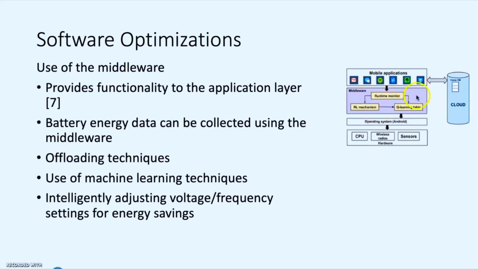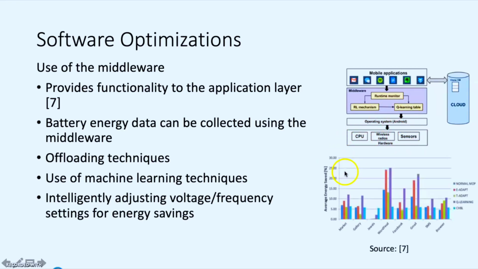So based on the values of the output generated by the Q-learning table, it determines when the data has to be offloaded, and what data has to be offloaded, and things like that. The advantage of the middleware is that it can even control the CPU settings like the voltage and the frequency, which is quite interesting.